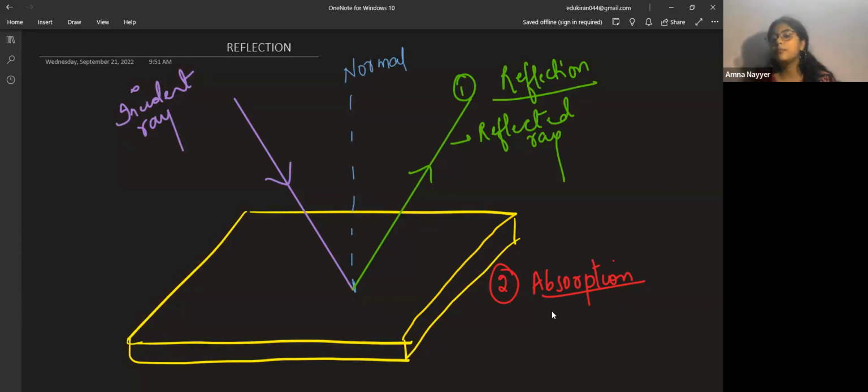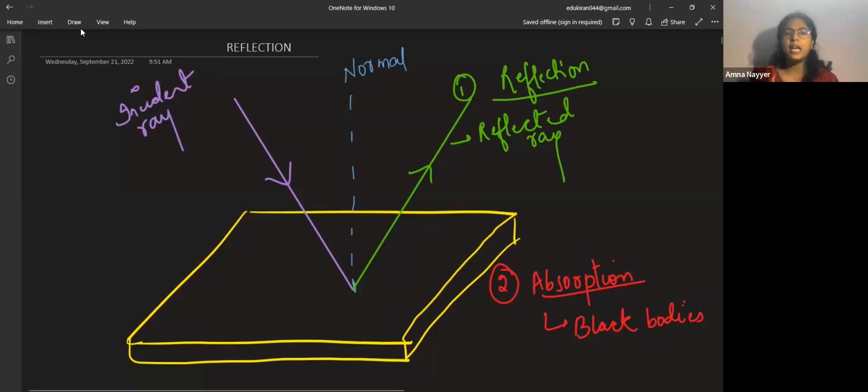The best absorption is actually done by a black body, because it has the capacity to completely absorb all the light, not for a particular frequency, but for all the light. That's why we call black bodies perfectly absorbing materials. So absorption can occur: the incident ray came, the material has completely absorbed the light, no reflection, nothing.